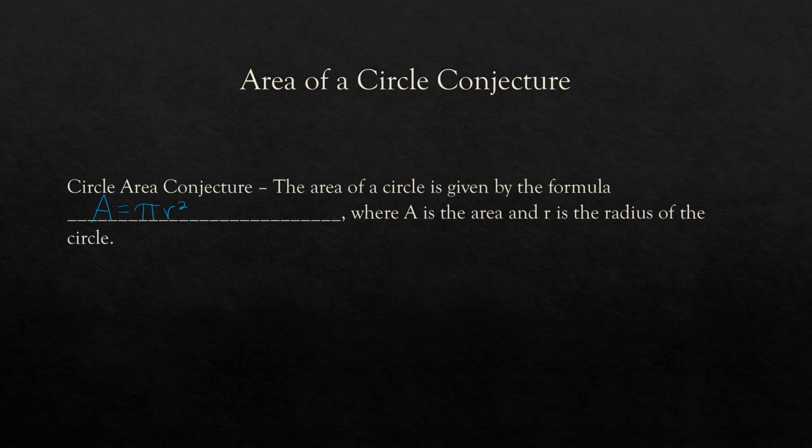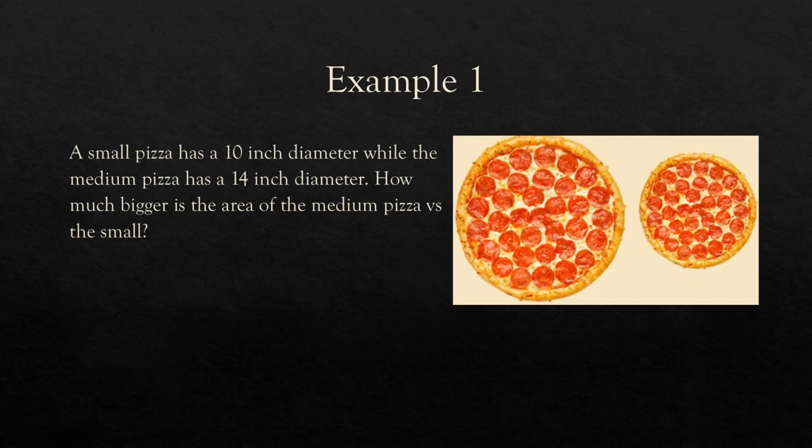Let's look at some examples using the area of a circle. A small pizza has a 10-inch diameter, while a medium pizza has a 14-inch diameter. So remember, diameter is all the way across. This one is 10. This big one is 14.